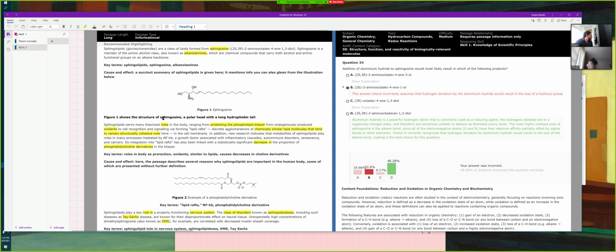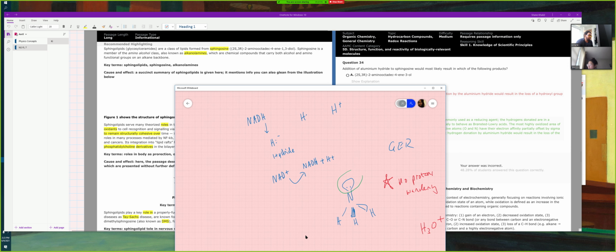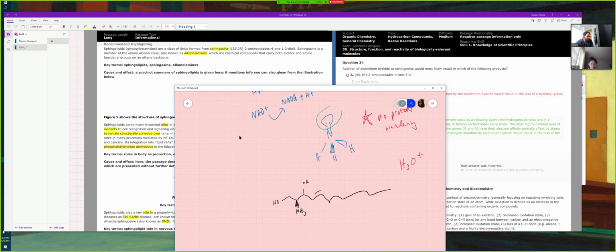So on the whiteboard, let's say OH, NH3, OH, and then the rest of the chain. This over here is the hydrogen, lowest priority.